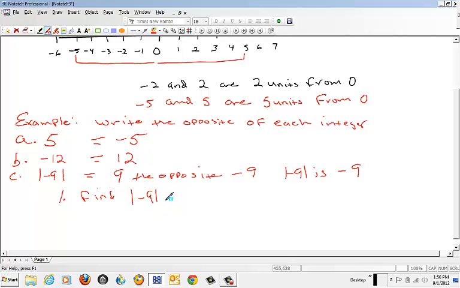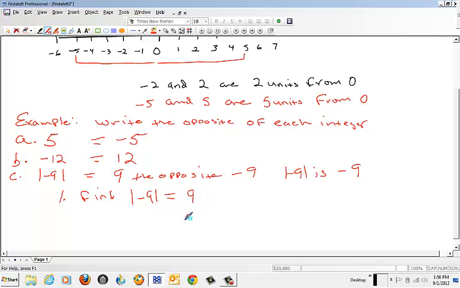Remember what we said in the previous video, that there are our two parallel lines running vertically. So if we wanted to find this, we would take it out of the parallel lines and make the sign positive. So the absolute value of -9 is 9, but they're telling us to write the opposite of that.